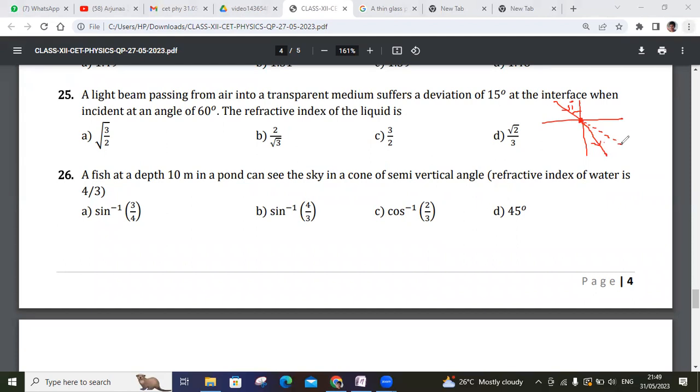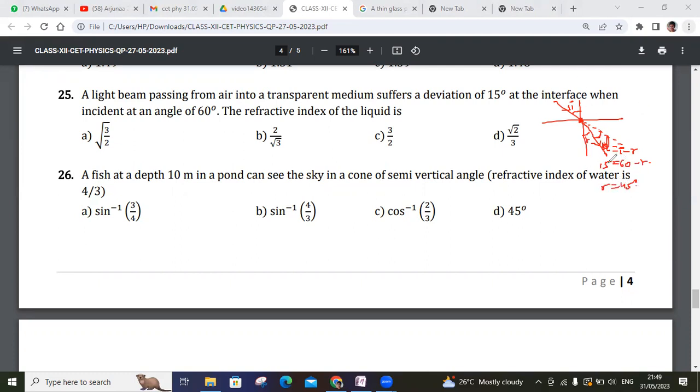It was going like this on an undeviated path, but this is a deviated path. How much it deviated is the angle of deviation, given as 15 degrees. This angle of deviation you will get as i minus r, correct? Vertically opposite angles. We have discussed this. So i is 60, minus r, and d is 15 degrees. So r will be 45 degrees.